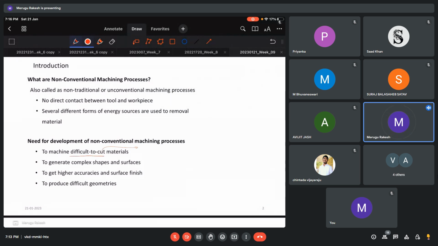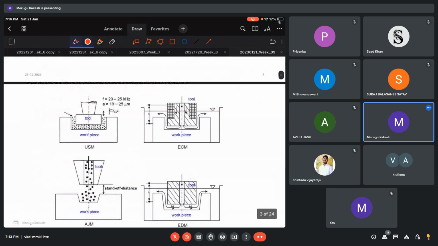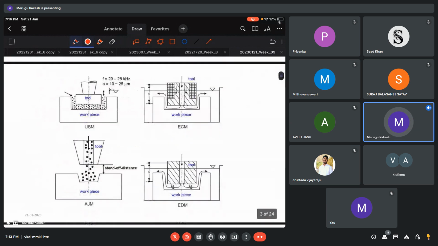Okay, so let us move to the next. Here I'm showing some of the processes. One is ultrasonic machining, the other one is electrochemical machining, and abrasive jet machining. The setup for abrasive jet machining, water jet machining, or abrasive water jet machining looks similar for all three.